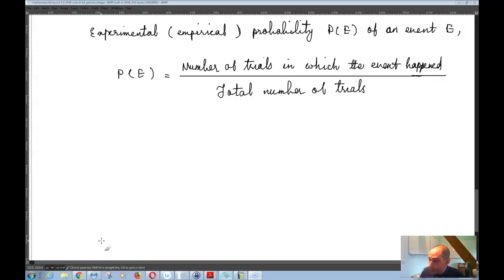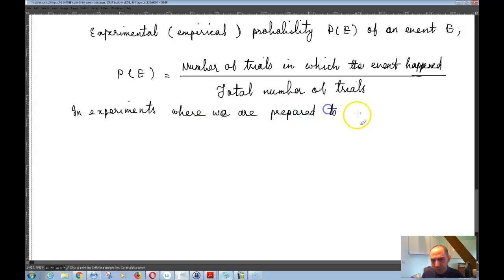Okay, so we said that in experiments where we are prepared to make assumptions.